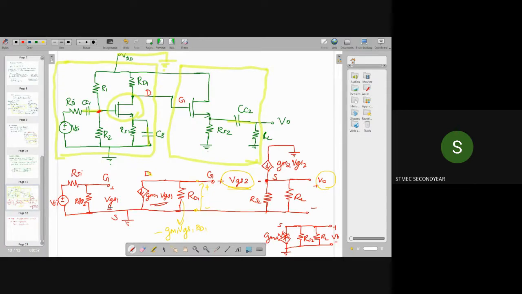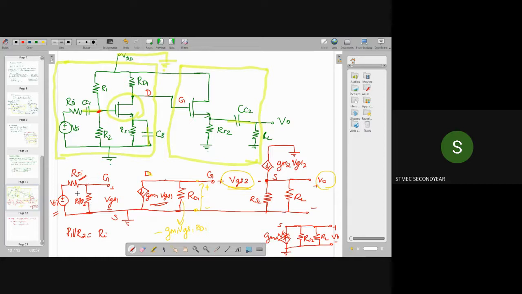This voltage depends upon the input signal voltage, VSI. If you are applying an input signal VSI, this voltage will divide between these two resistors, that is, between RSI and R1 parallel to R2. Let this R1 parallel to R2 be equal to RI. Then replacing the combination with RI, this VSI will divide between RSI and RI.